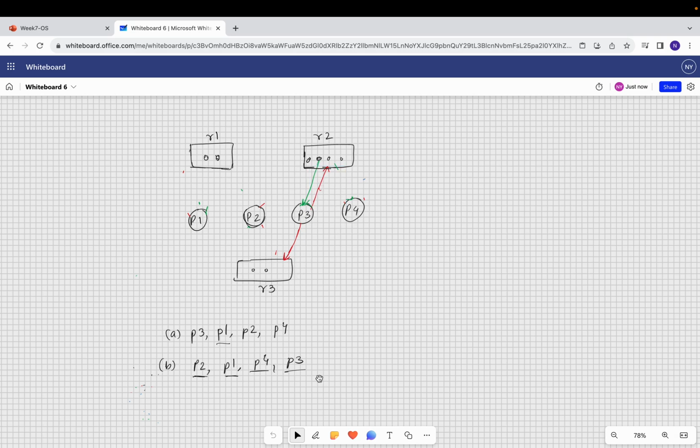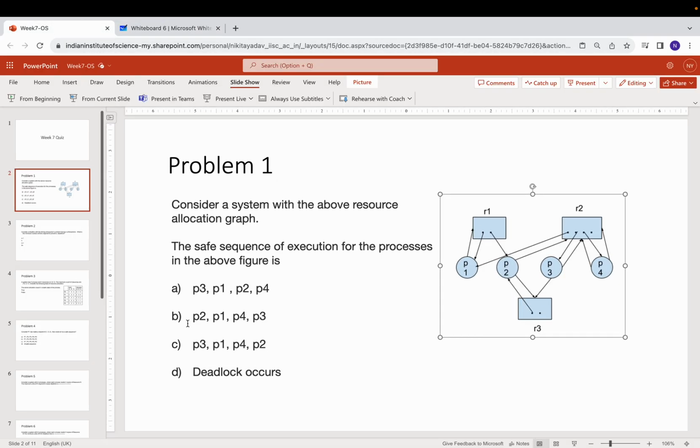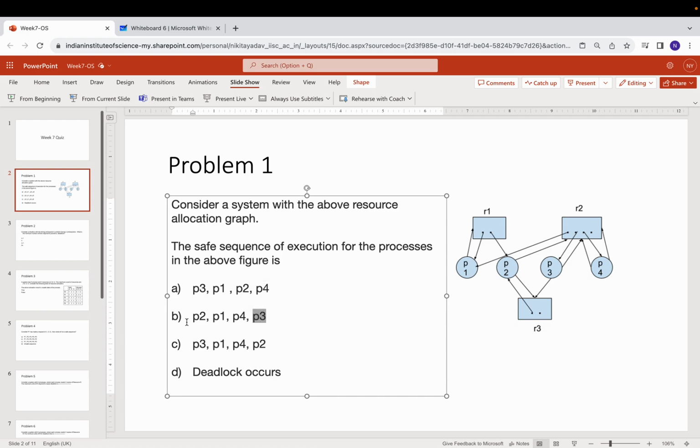In this way, this sequence is a safe sequence, because if we allocate the resources in this order, then all the processes will eventually get resources, and they will finish execution. So option B is the safe sequence. The answer for this problem is option B.